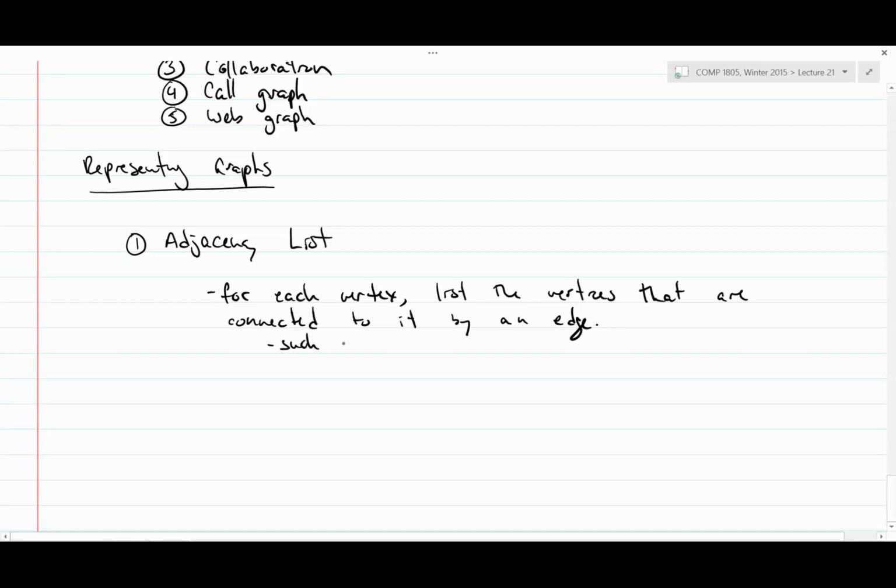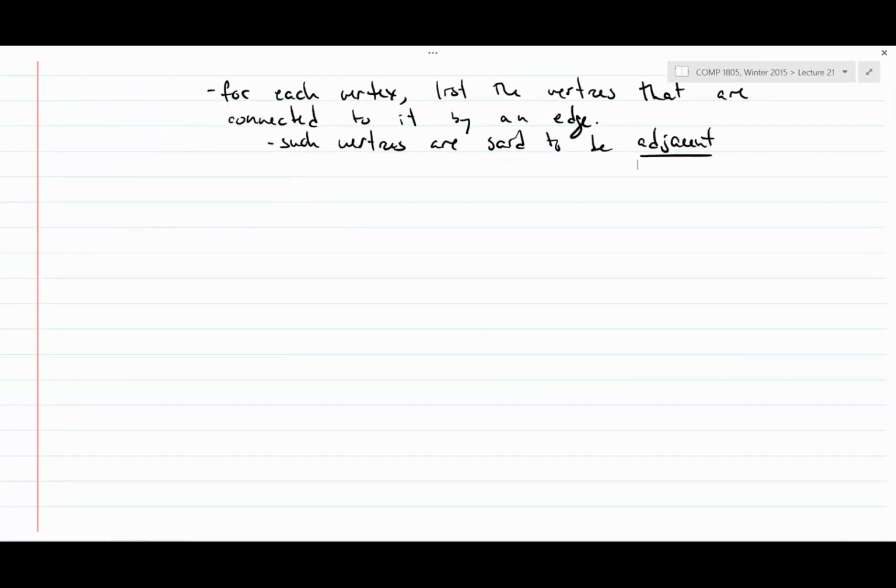Such vertices are said to be adjacent. That's something I'll use all the time. This particular technique, as we'll see, happens to work for both directed and undirected graphs, even if they contain self-loops, which is kind of nice. So I'll do an example here.